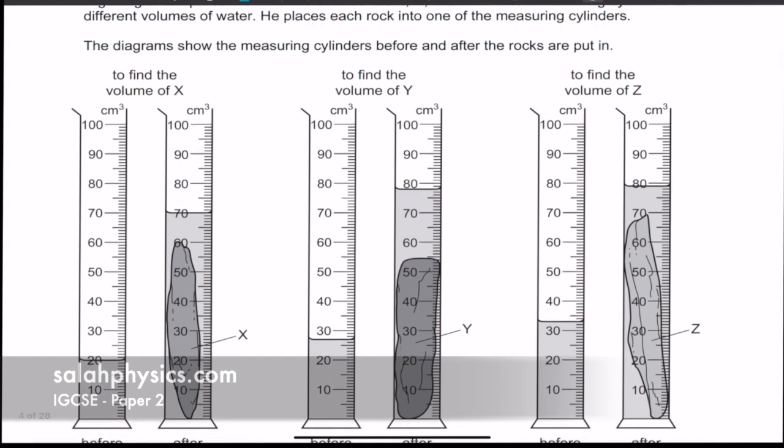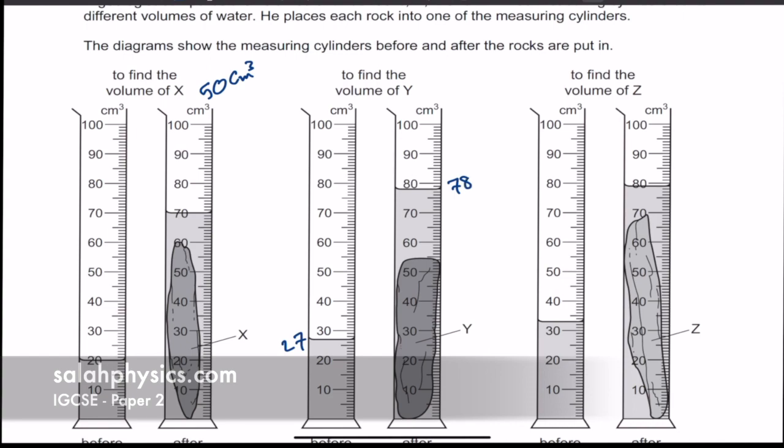For X, it's from 20 to 70, it's supposed to be 50. So it is 50 centimeter cube. And in the other one, I can see here, it's 27, and it went up to 78.